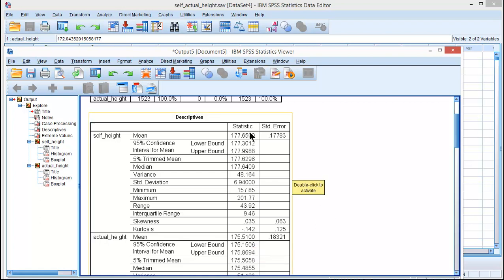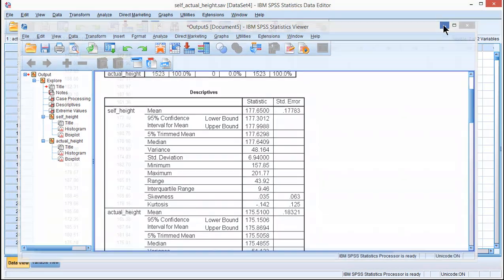It's numerically higher self-report, but I'm not interested in that. I would use a paired sample t-test for that, and I could test that for statistical significance, but I'm not doing that. What I want to do is determine what is the relationship between self-height and actual height, and build a regression equation with a bivariate regression.